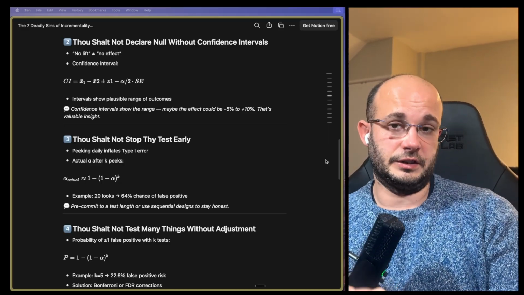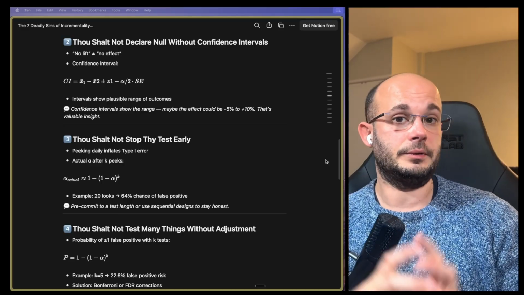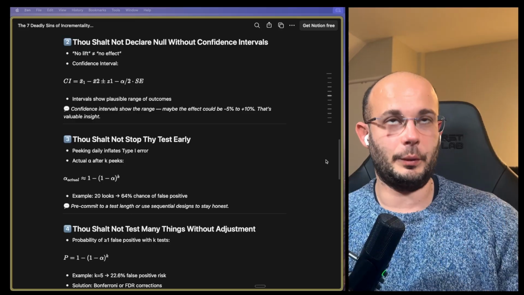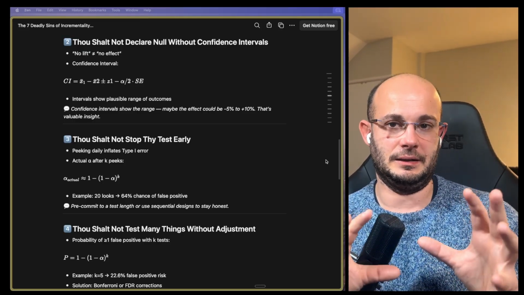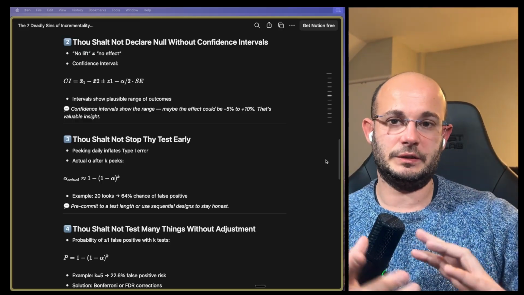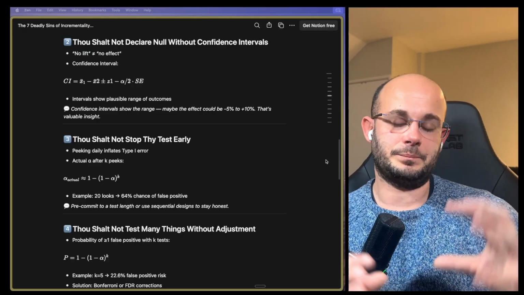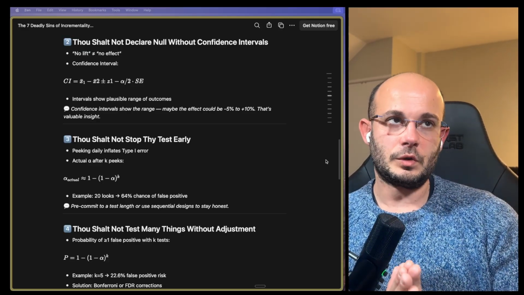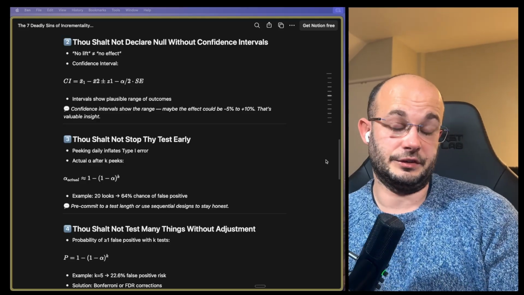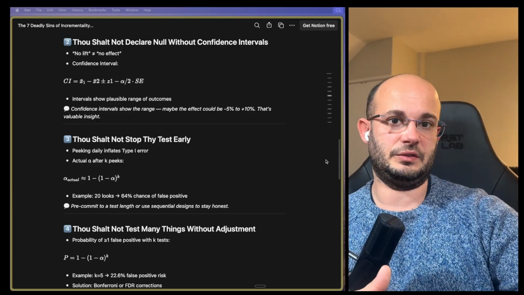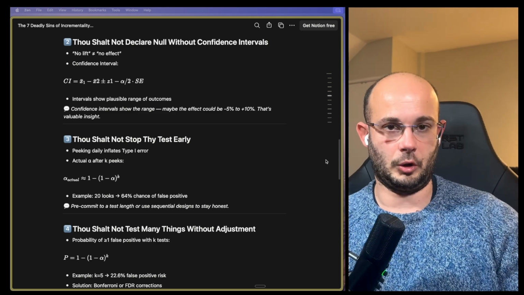The third sin is, thou shalt not stop thy test early. Now, this is very common in marketing. It's related with another sin of peeking, which we'll get to. But essentially, some teams or some analysts, when they're running the test, once they reach significance, they decide we can stop early.